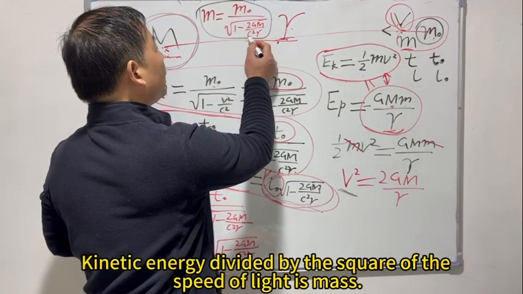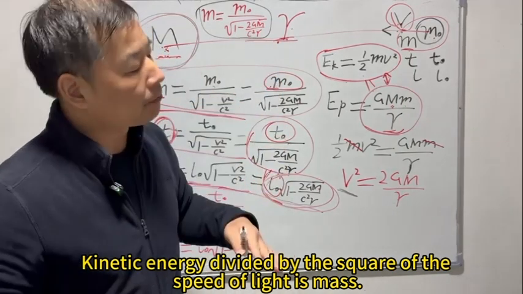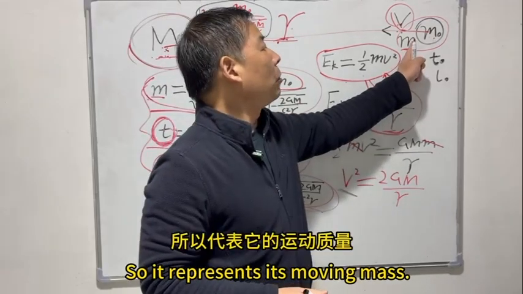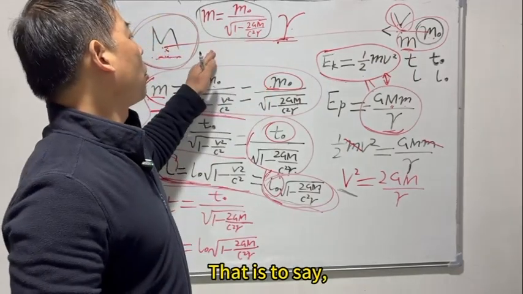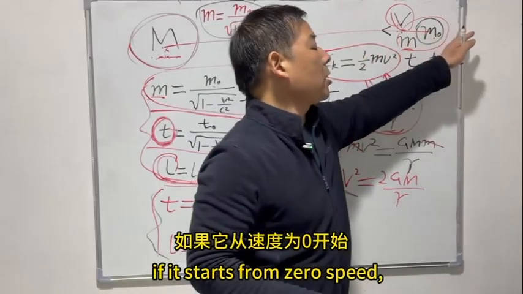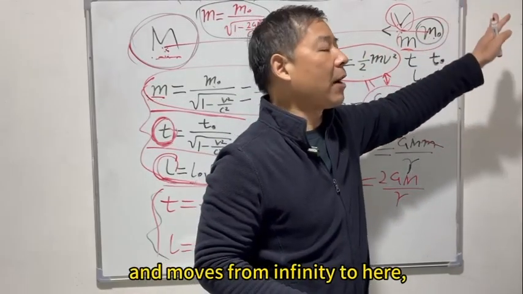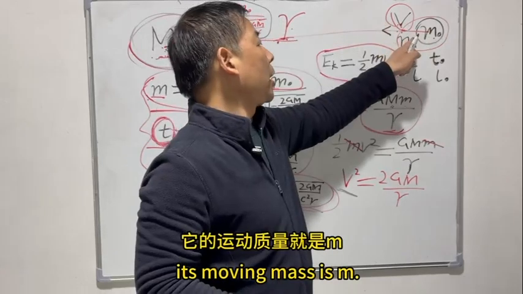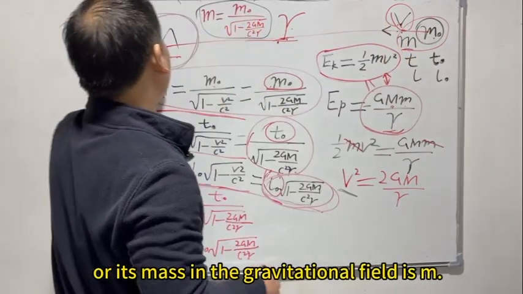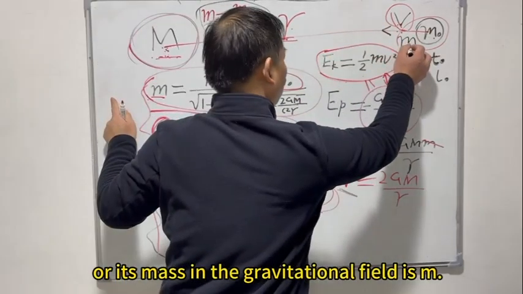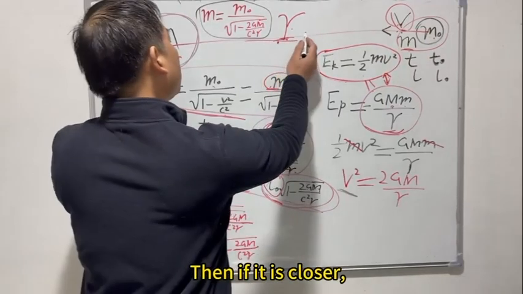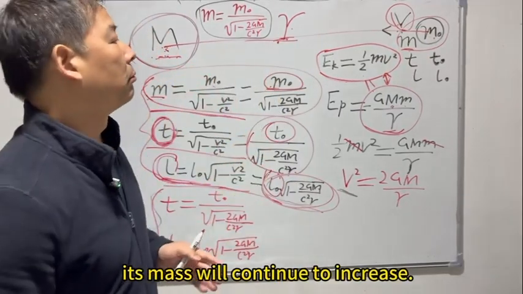So it represents its moving mass. That is to say, if it starts from zero speed and moves from infinity to here, its moving mass is m, or its mass in the gravitational field is m. Then if it is closer, its mass will continue to increase.